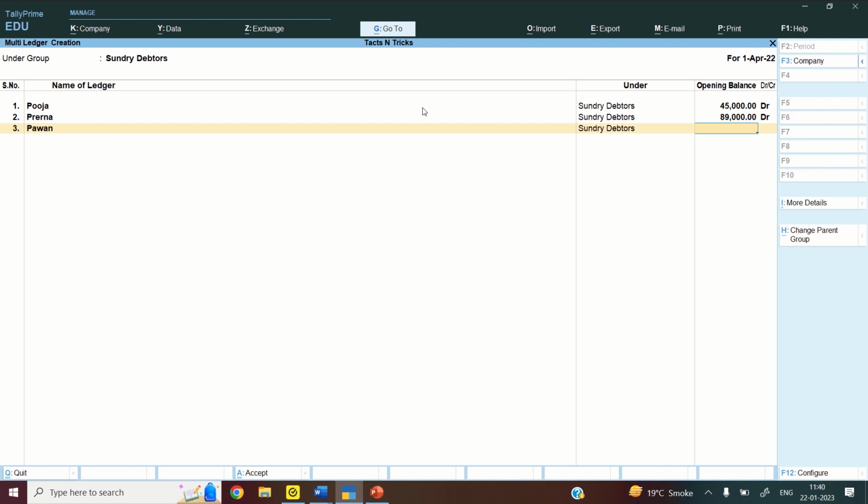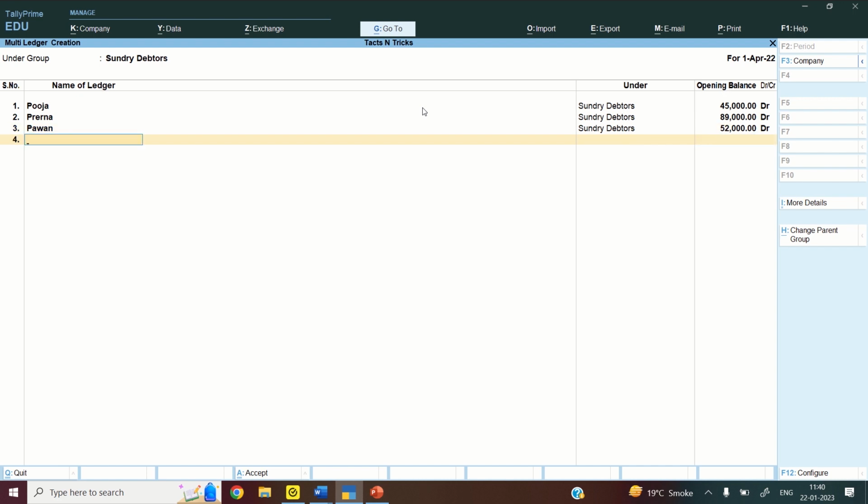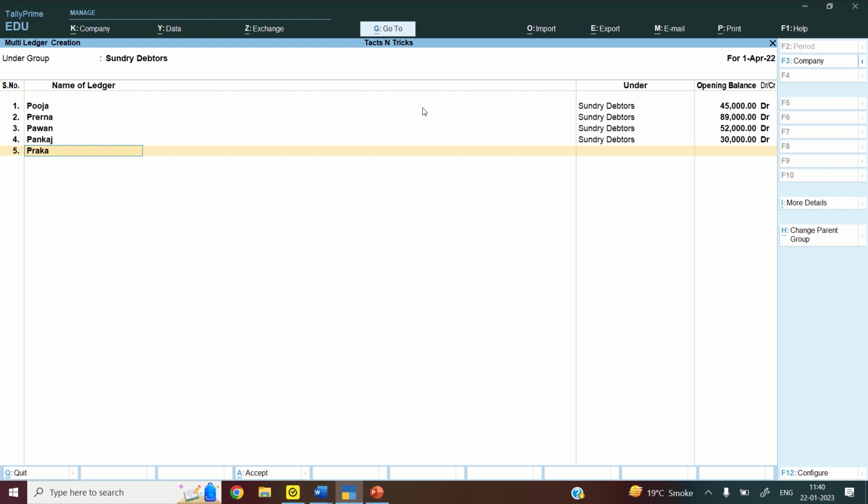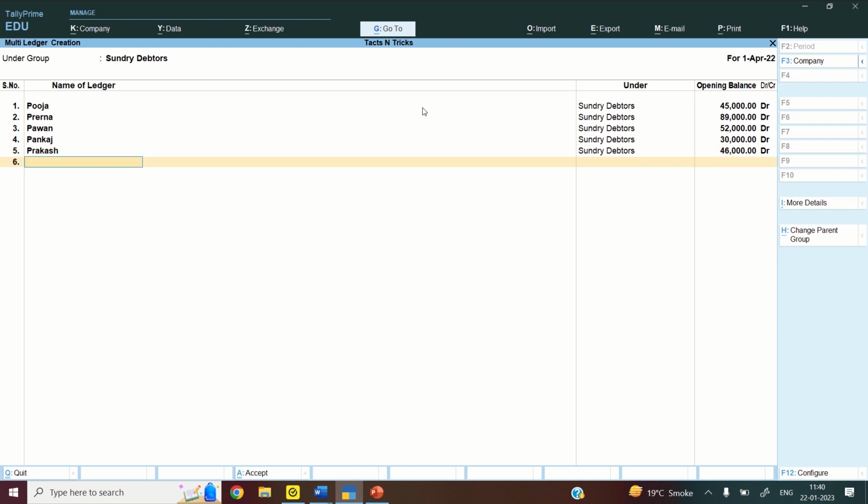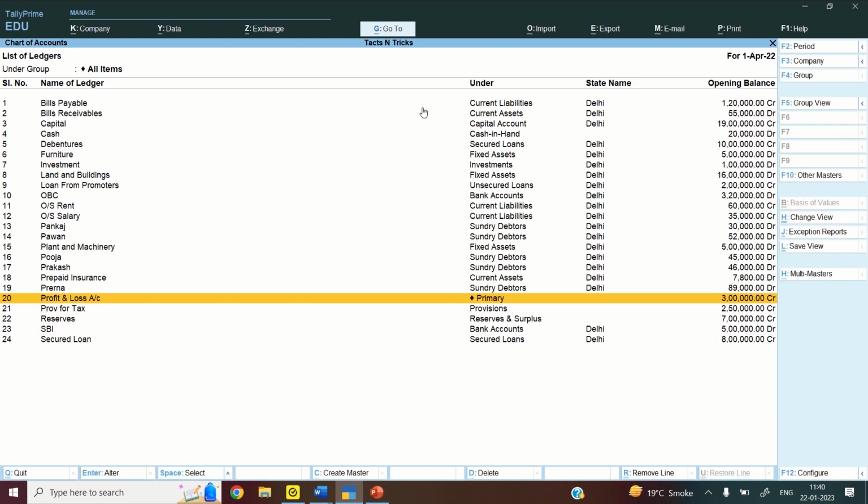Pawan is my debtor with 52,000 rupees balance. Then Pankaj is my debtor with rupees 30,000 balance. And Prakash is my debtor with the balance 46,000. Right? So all the debtors are done.